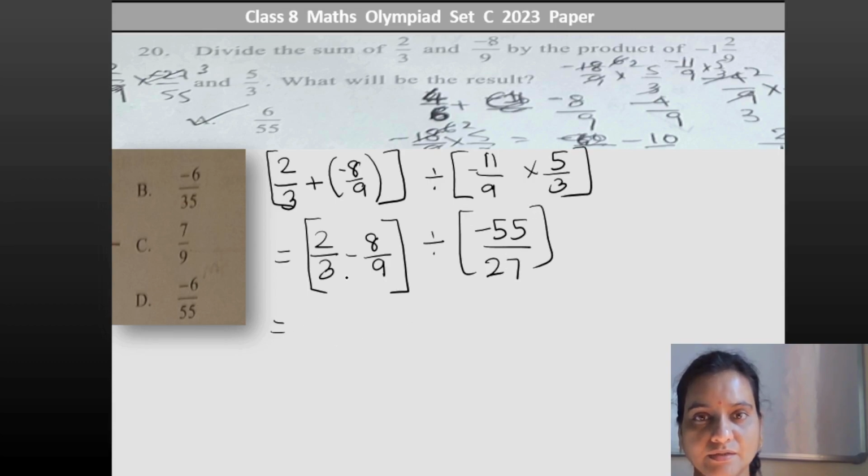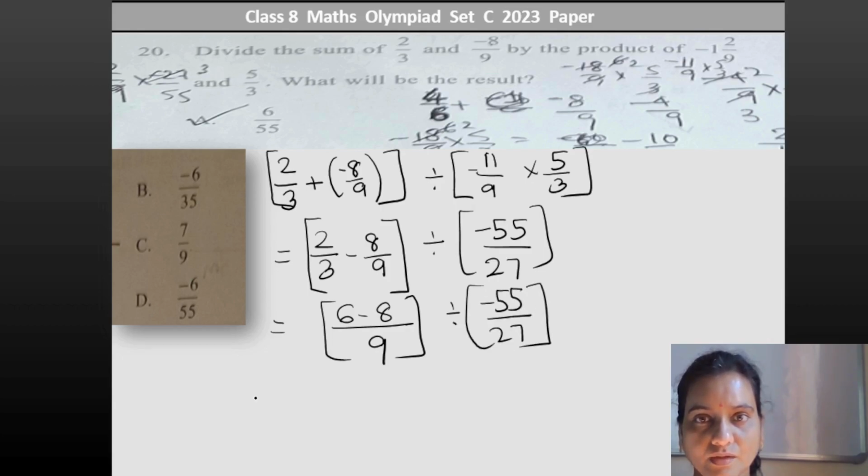So here if you see 3 and 9, in the denominator we will get 9 as LCM. So 9 divided by 3 is 3, 3 into 2 is 6. 6 minus 8 divided by minus 55 by 27. So this will be minus 2 by 9 into, actually, minus 27 by 55.